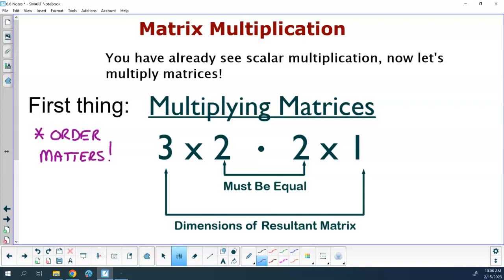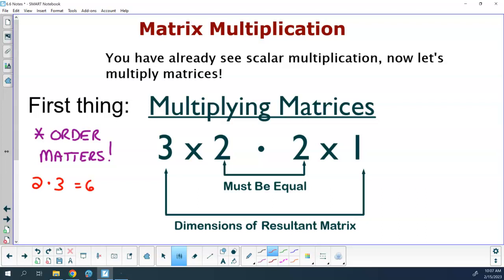The order that you multiply them in, left to right, matters. So what I mean by that is, normally you have 2 times 3, and that's 6, right?